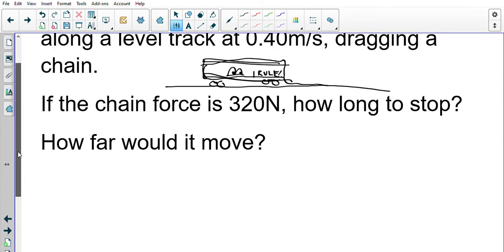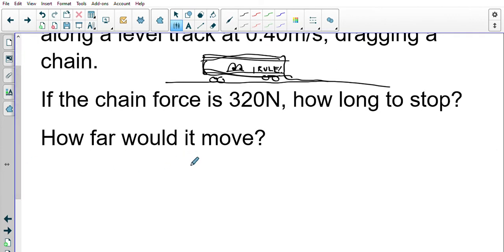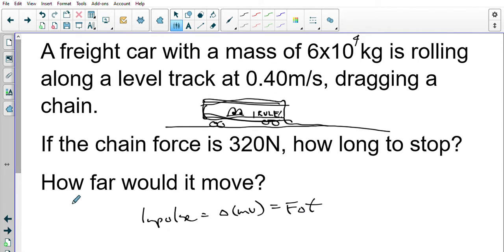So impulse is equal to our change in momentum, and that's equal to our force times our time. What information do we have? We have 6 times 10 to the 4 kilograms, that's a mass.